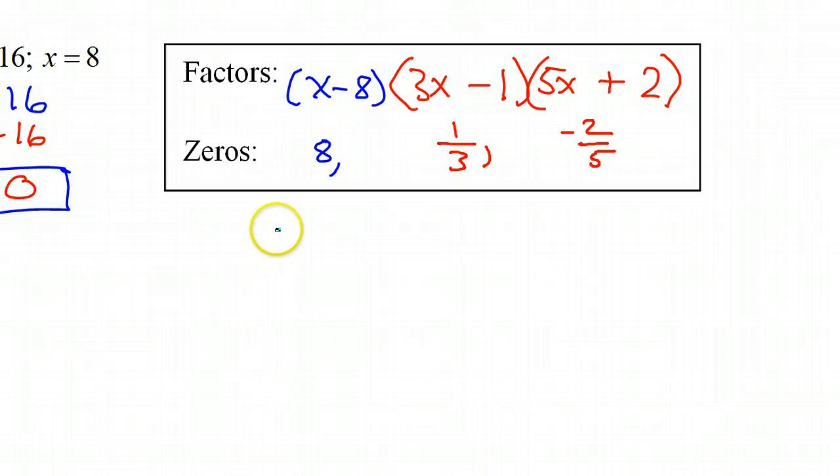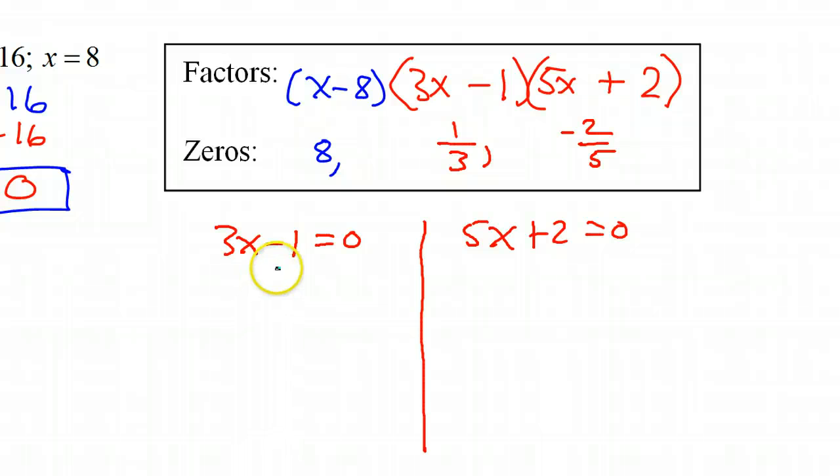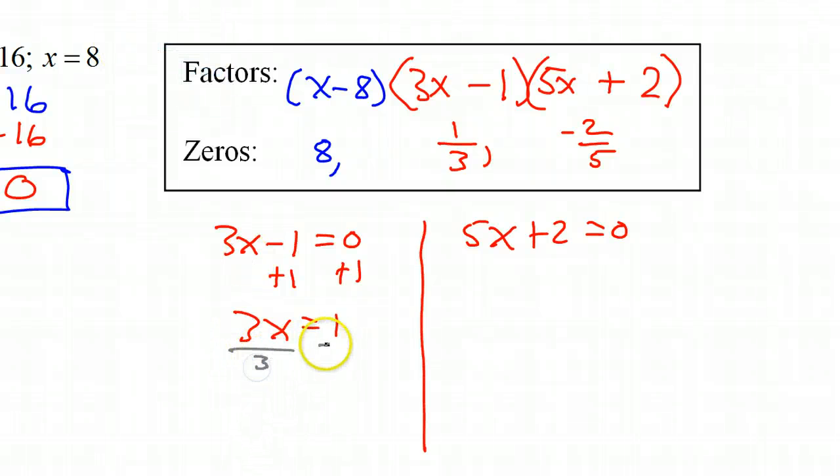They came from, if I do 3x minus 1 equals 0, and if I do 5x plus 2 equals 0, I set these factors equal to 0 and solve. So I would do plus 1, that would give me 3x equals 1, and then I would divide by 3.